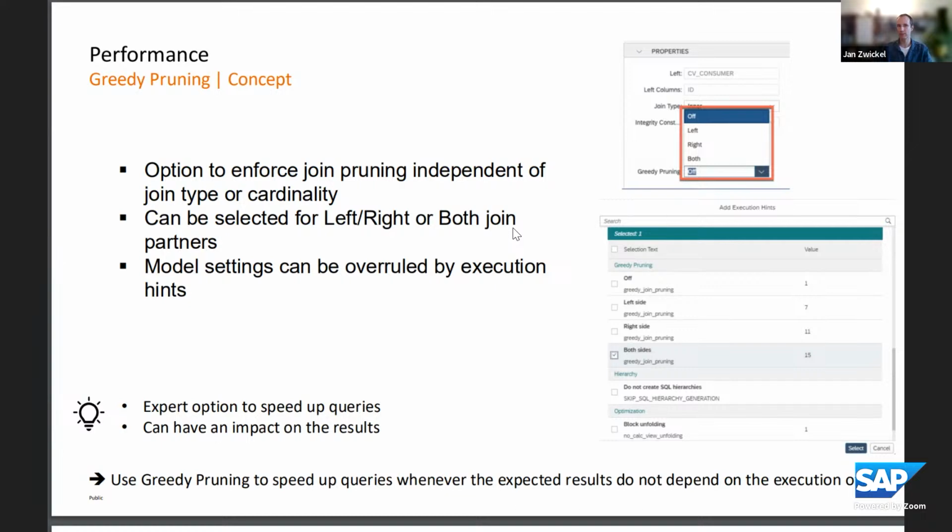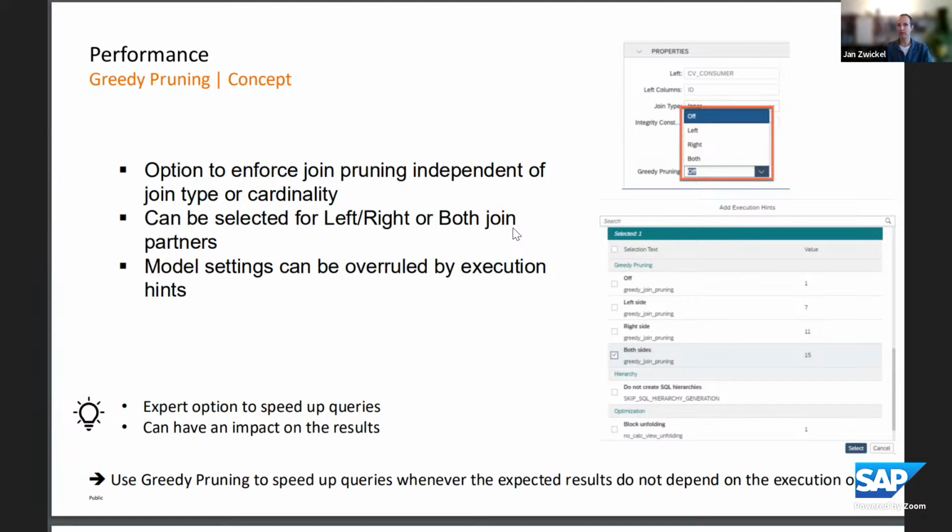That can, for example, happen, let's make an example, if you have a left outer join, and you say that semantically every entry of the left part has a matching entry in the right part. Then if you request only data from the left part, you don't have to execute the join, because you cannot explode the number of records in the left by that.